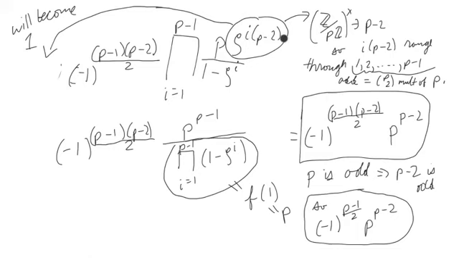So when you multiply by p minus 2 and you're going through all your i's right here, it's like you're going through all the different powers that you could have here, which mod p amount to 1 up to p minus 1. But if you add all these up, that's kind of like adding all the lengths of all the rows in the upper part of an array, except that this is a p by p array.